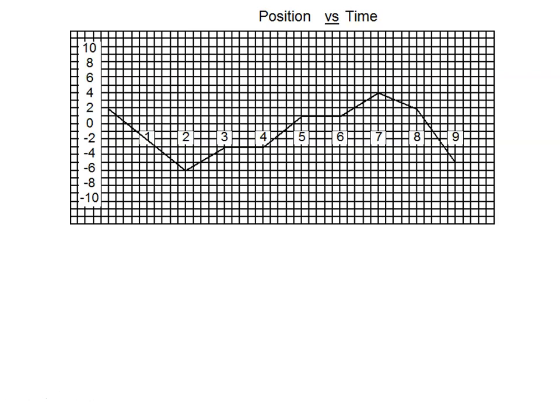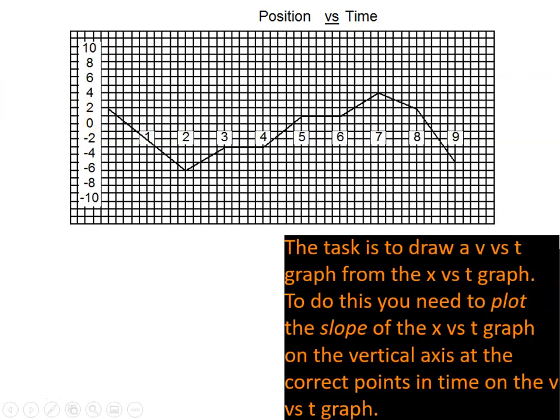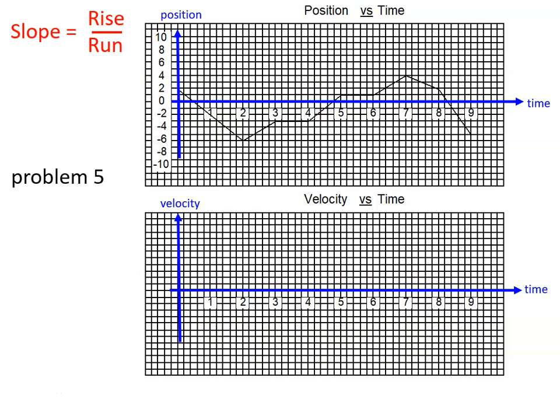But we still notice that we have a bunch of straight line segments here, so you can draw a velocity versus time graph from this position versus time graph. Like good physics students, we are going to put axes on our graph, and we're going to do the same thing for our velocity versus time graph. And don't forget, slope is rise over run, which means change in vertical over change in horizontal.